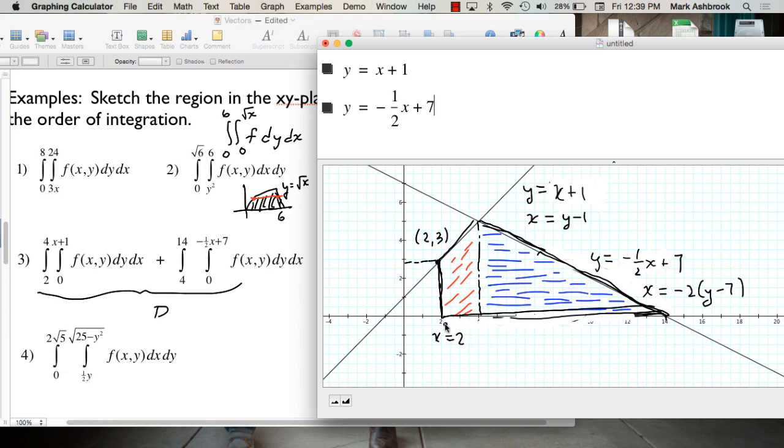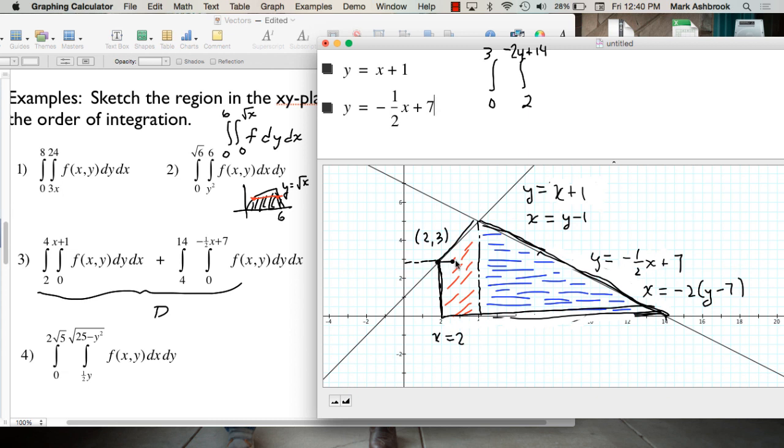So when y is going from 0 to 3, our left side is x equals 2. And then the right side, between y equals 0 and 3, is negative 2y plus 14, if you want to make that easier. That's when y goes from 0 up to 3.